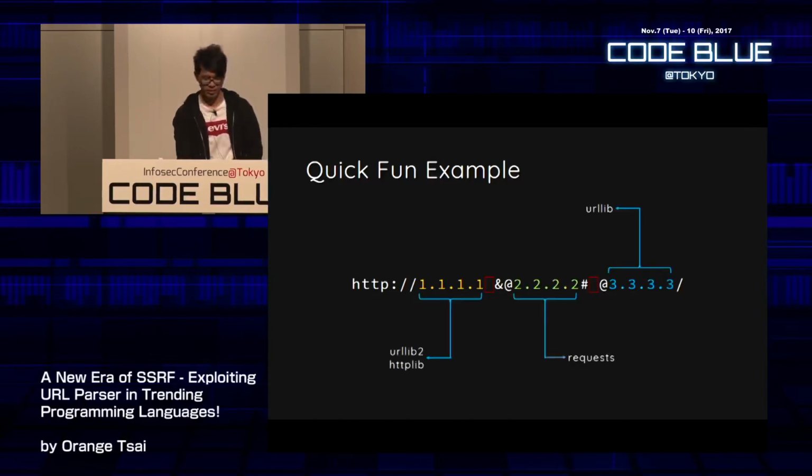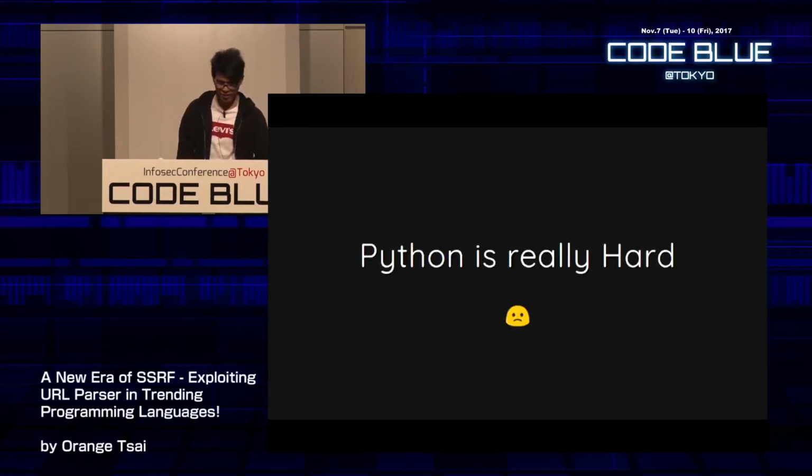Okay, here is the answer. Actually, even Python's built-in libraries treat the same URL differently. urllib accesses the blue part, and urllib2 accesses the orange part. But the green is requests. Very weird. It sounds crazy. Python is really hard. I don't understand Python.